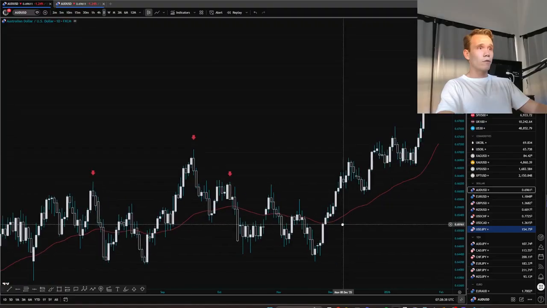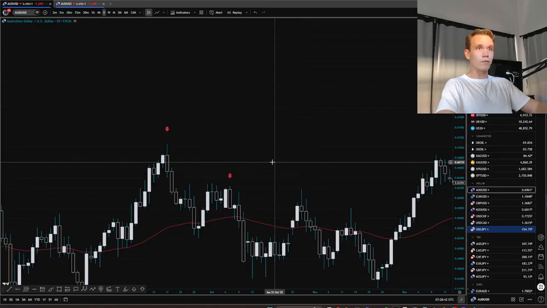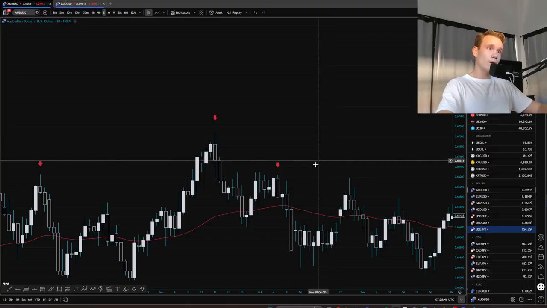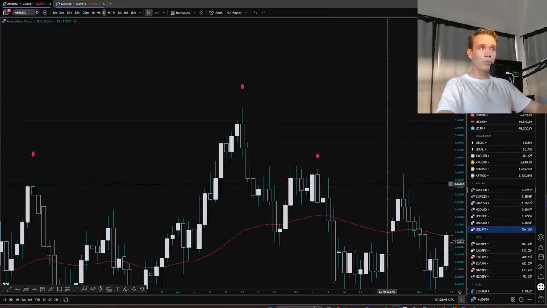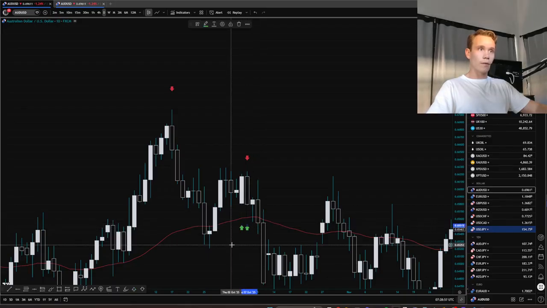So for example, let's quickly look at a bearish engulfing, one of the most important and fundamental formations out there. A bearish engulfing is represented using two candles, and those two candles in this example are this one here and that one there.